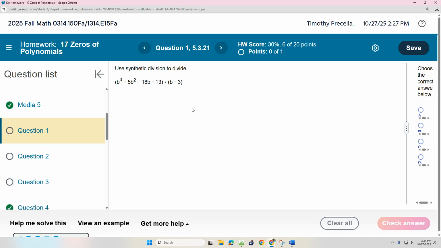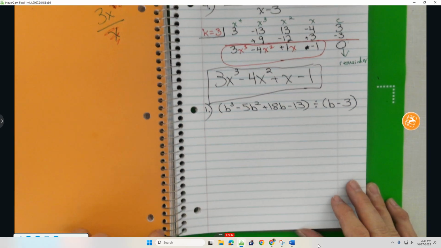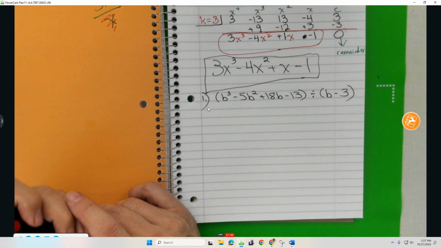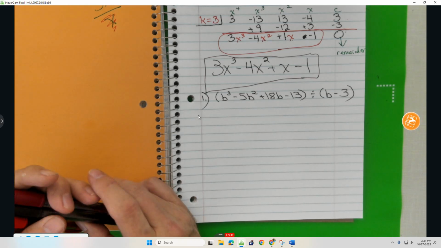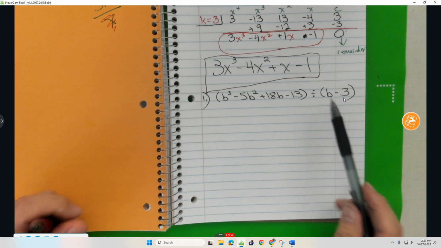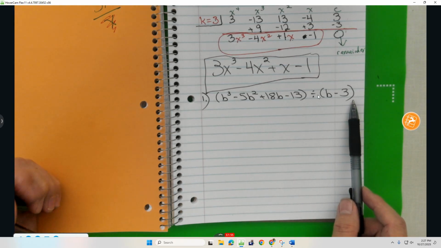It's the same k value, isn't it? Oh. Well, the k value won't stay the same number. I'm going to make sure I didn't miscopy it. Okay. Can we apply synthetic division? Look at the divisor. Variable plus or minus a number. Can we use that? Yes.